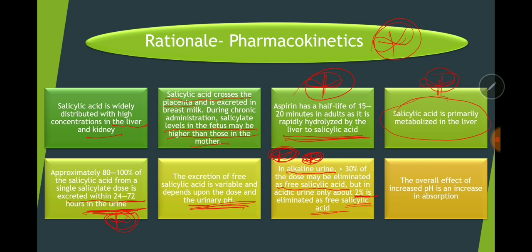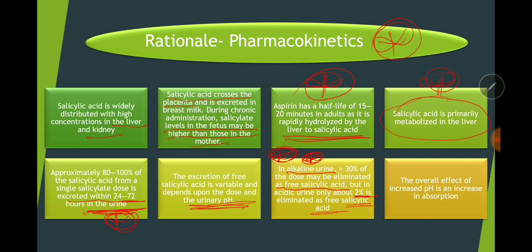Okay, so if the urine pH is too high, then you're going to excrete more of the aspirin or the salicylic acid.